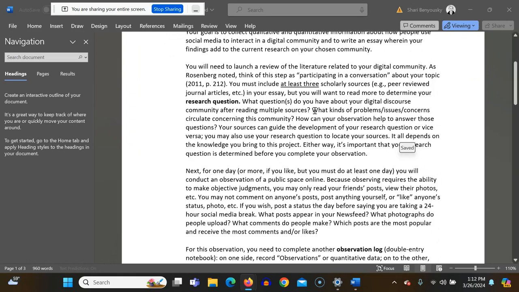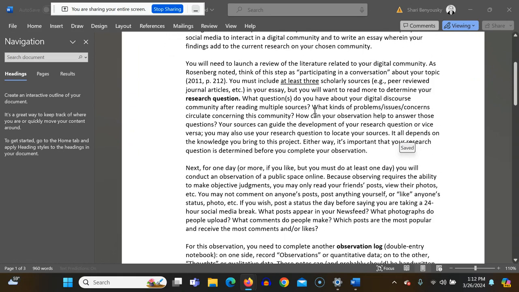So you're going to include at least 3 scholarly sources. Those are the ones we talked about last week that are sometimes called peer-reviewed, something that's gone through channels of people that have looked at it and said, okay, I'm a peer of this particular doctoral person, and they've done this research and it's valuable because of this, and so now we consider it scholarly.